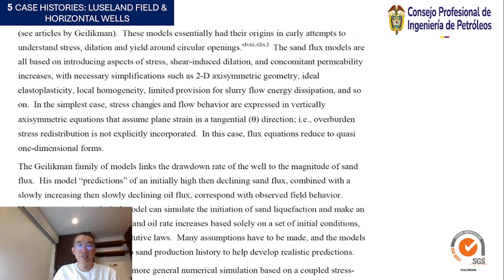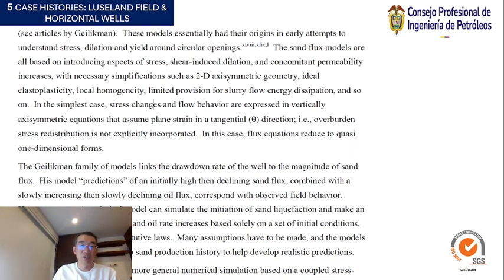Overburden stress redistribution is not explicitly incorporated. In this case, flux equations reduce to quasi one-dimensional forms.